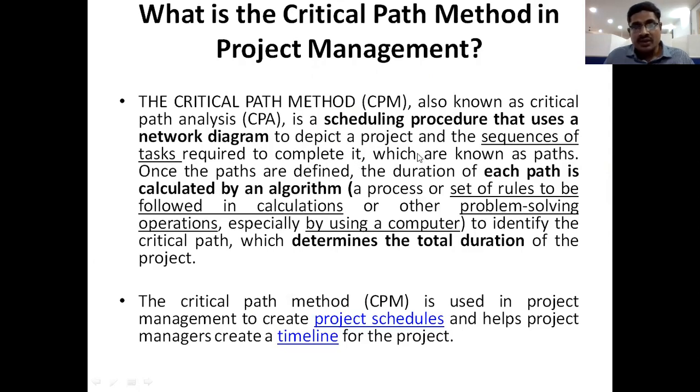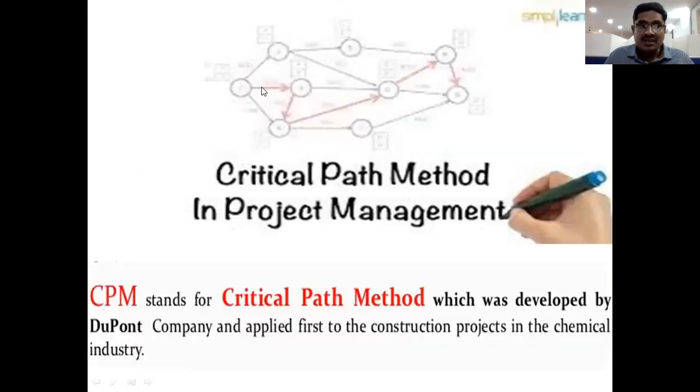Already I told you, the sequences of operations required to complete our contract or our tender are known as the paths. So these are the paths. This is one path. Look at the diagram carefully.